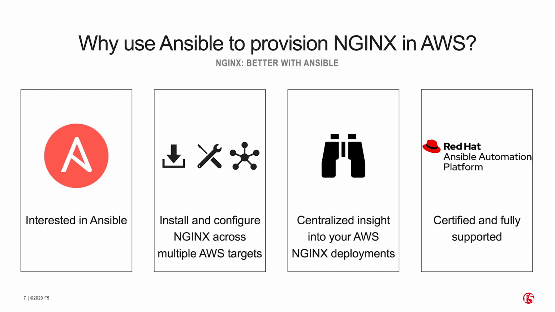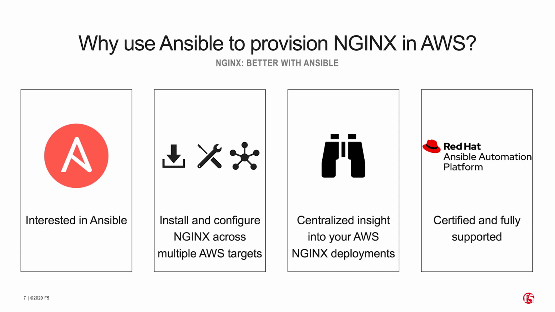Number 2, in this day and age where decentralized, resilient, and redundant multi-cloud deployments are increasingly becoming more and more common, Ansible gives you the necessary tooling to easily install and configure NGINX across multiple AWS targets simultaneously.